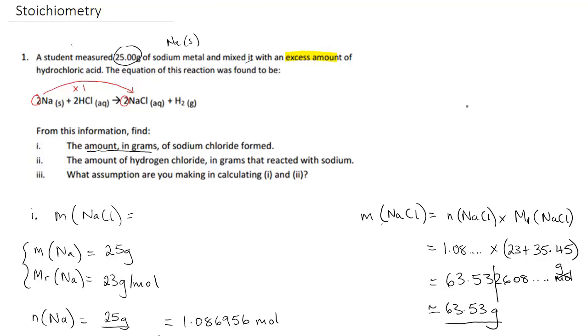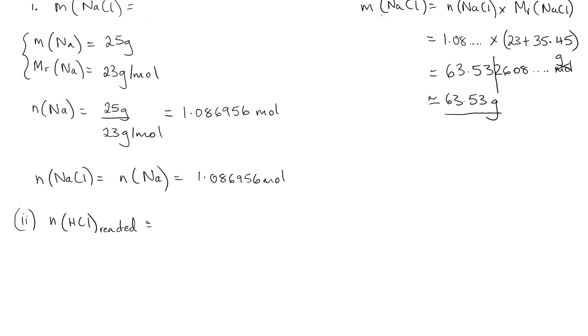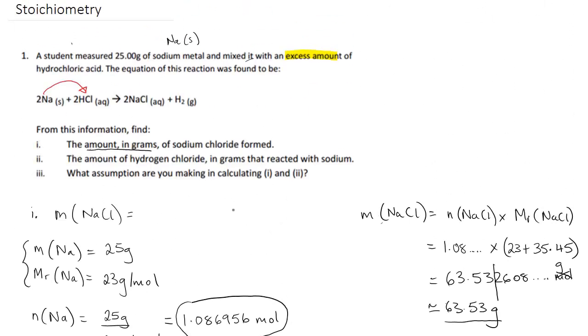This time, because sodium is the limiting reagent, it's important to compare sodium with hydrochloric acid. We already know from the previous question the amount of mole of sodium involved in the chemical reaction, 1.086956 mole, which was also the amount of mole of hydrochloric acid that reacted.